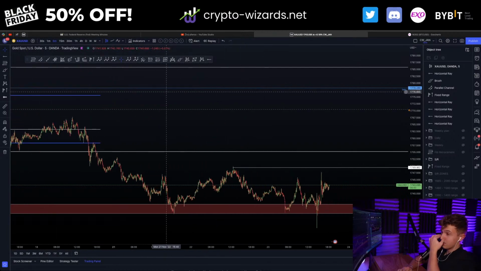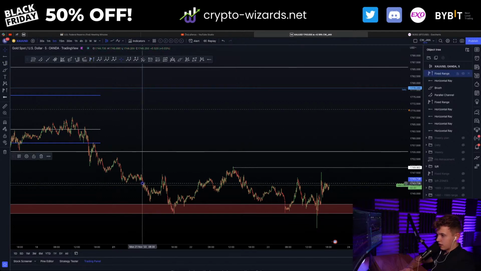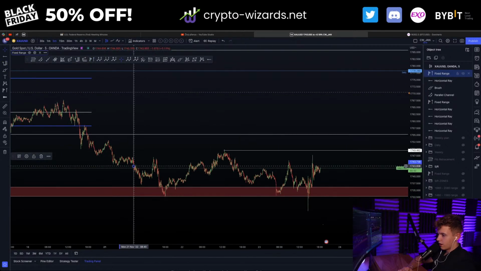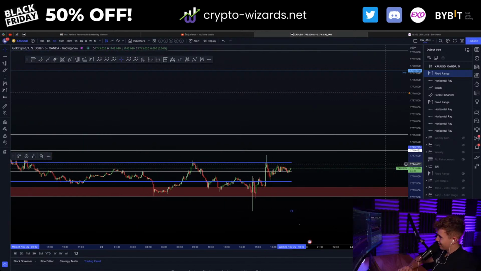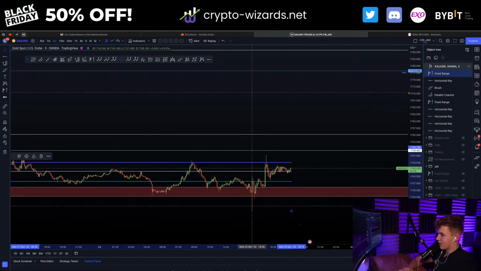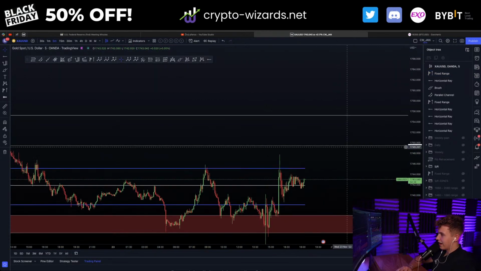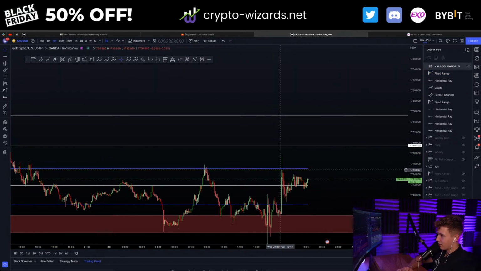I think that we are getting rejected out of the value area high. Let's check this. I'm pretty sure that we are. Okay, so cool. As you can see, we got one SFP down there, long, second SFP up there at the value area high, back to the value area low. So very nice scalping opportunities right now on gold.